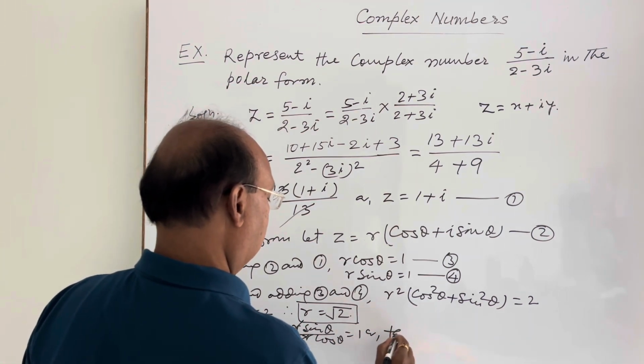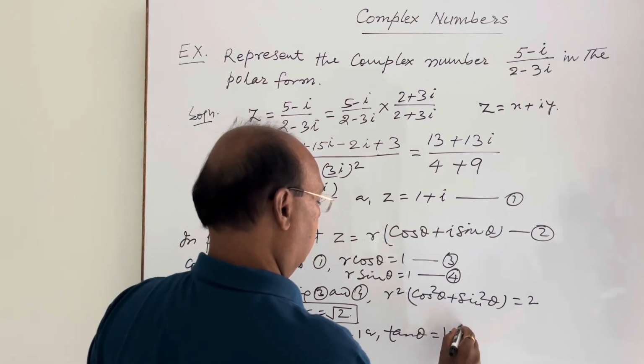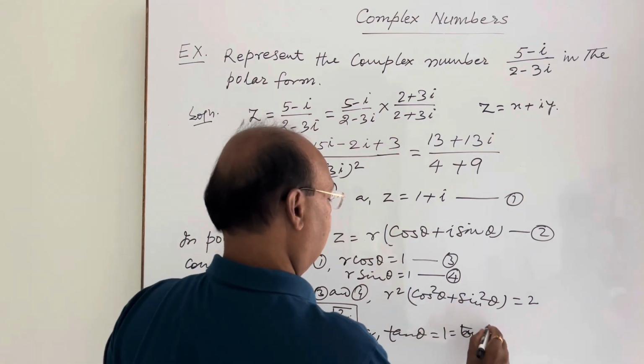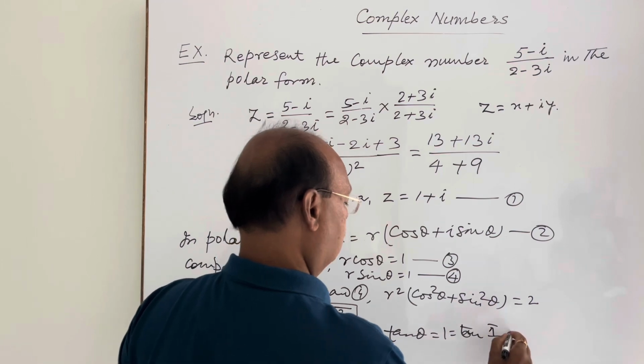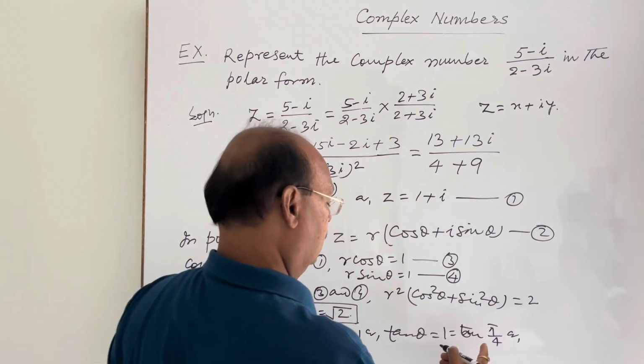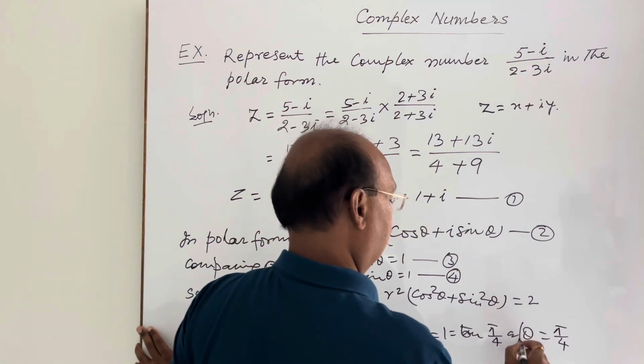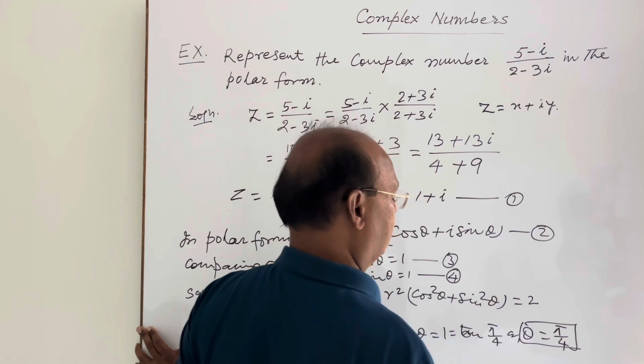So we are getting tan theta is equal to 1 and 1 is tan of pi by 4. So by comparing tan theta is equal to tan pi by 4, we are getting theta is equal to pi by 4.